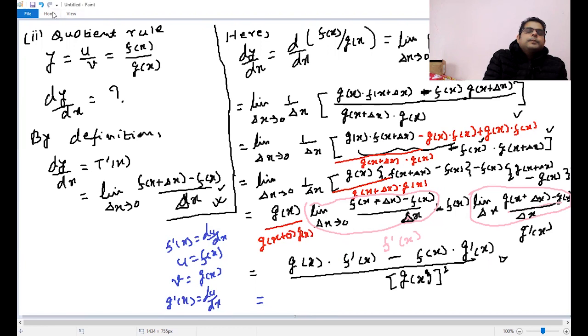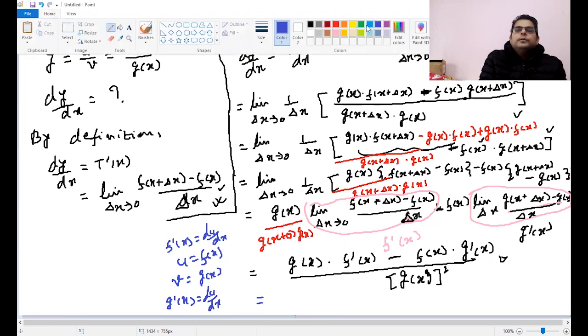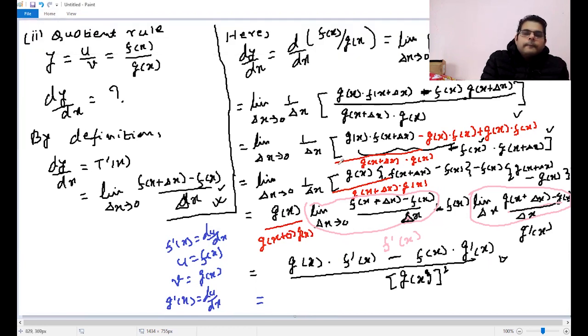So in terms of u and v, gx you can write as v, and f dash x means derivative of u, and in between there is minus fx, which is just u.